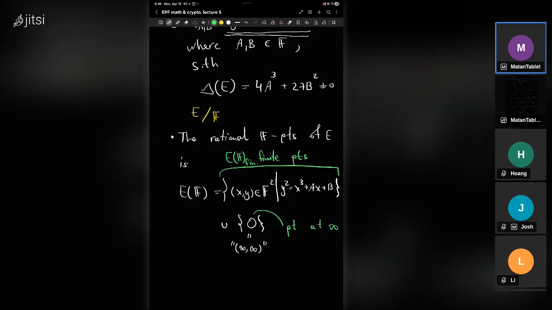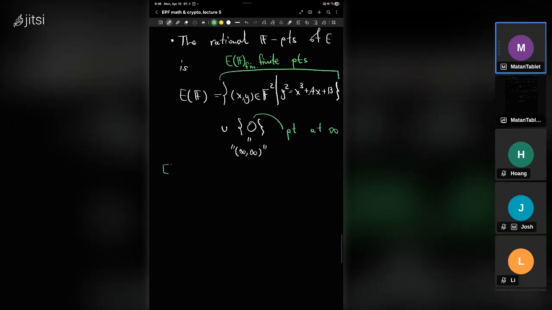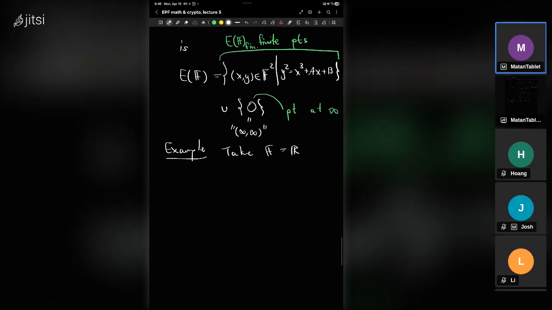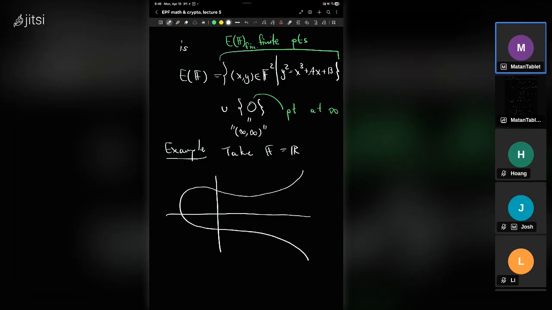And let's do an example. Take F equals R. Then the rough picture of an elliptic curve, I mean the finite points of an elliptic curve over R, are something like a fish, where it should be symmetric along the x-axis.